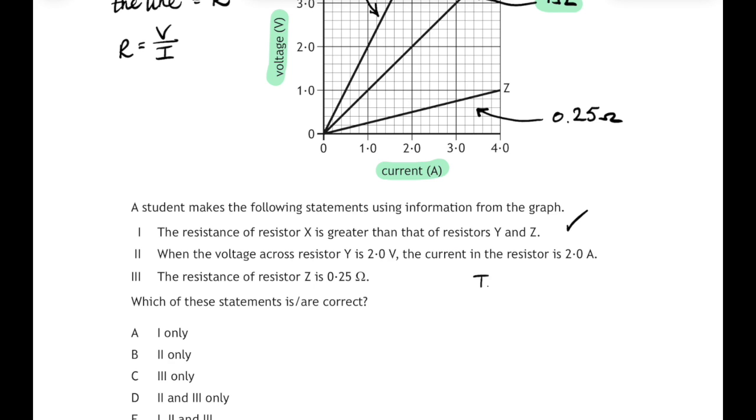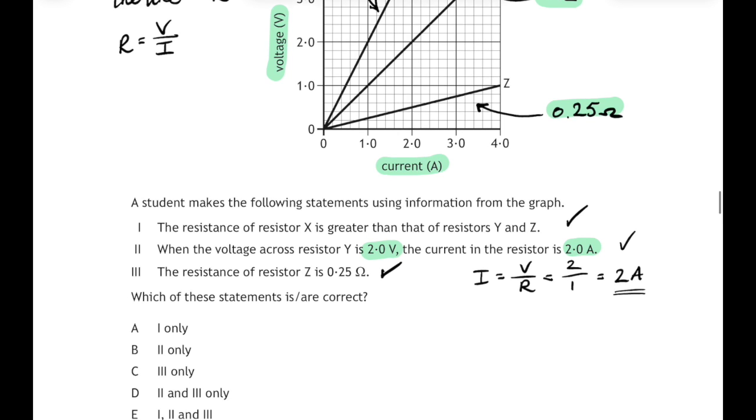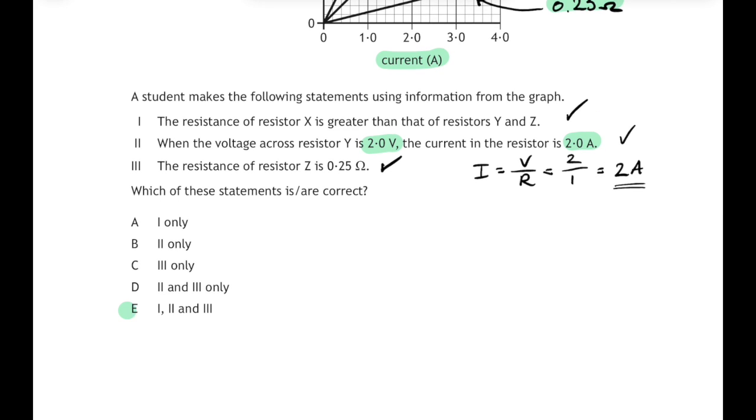Or we could work out using Ohm's law, I equals V over R. When the voltage is 2 and the resistance was 1 ohm, which was the gradient in a line, then that gives us our current of 2 amps. So statement 2 is correct. And in statement 3, the resistance of resistor Z is 0.25 ohms. Yes, it is. So all 3 statements are correct, and that means the answer is answer E.